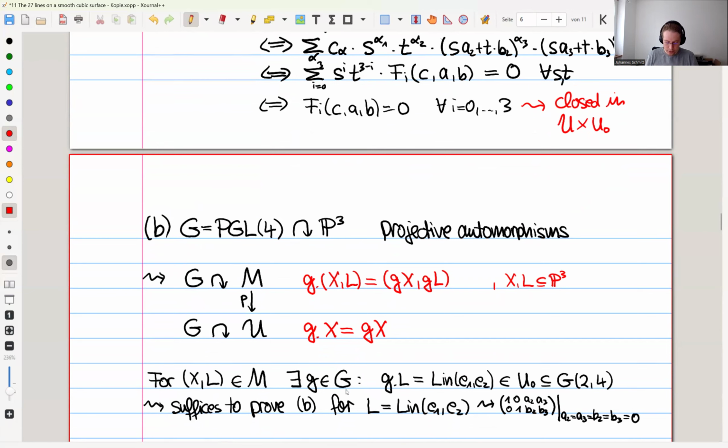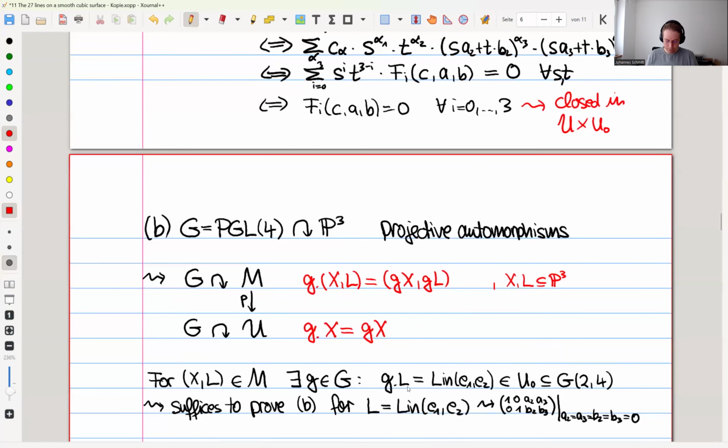We can take an element g in G such that it moves this line to our favorite line in P3, because these were basically invertible matrices. So this is basically like a change of basis in k to the 4, because P3 is like k to the 4 minus the origin up to scaling.